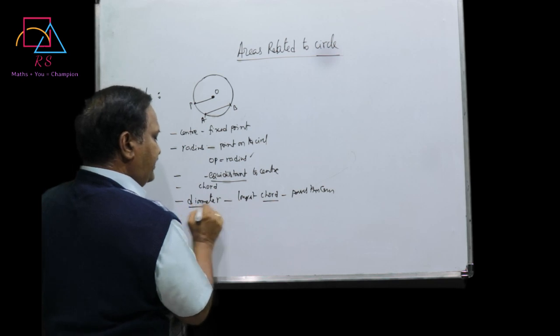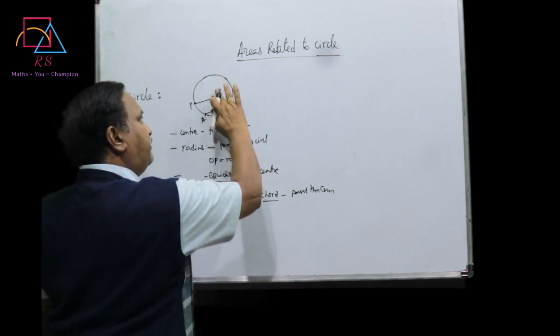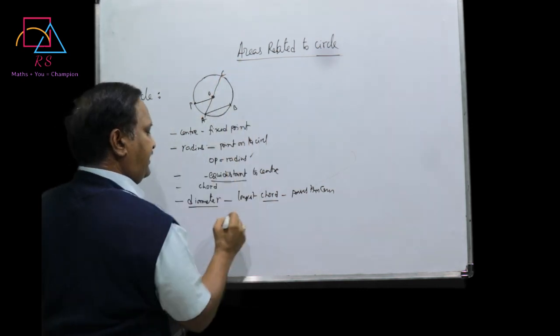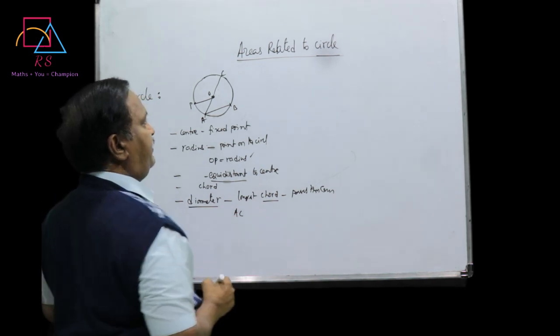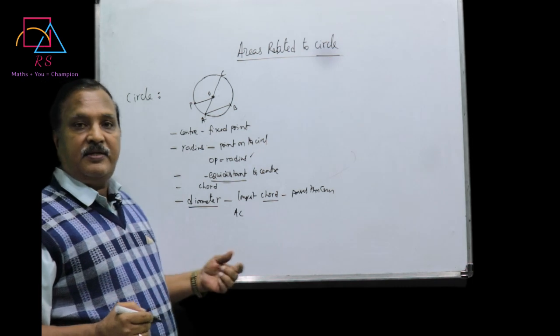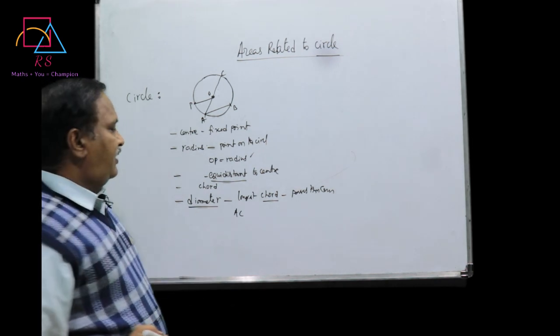So the diameter is a chord, the longest chord, which passes through the center. Now AC is known as a diameter and it is passing through the center O. Diameter is also a chord.